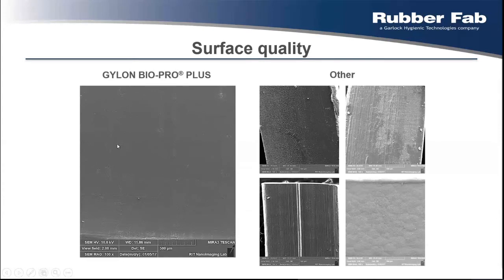We can see that the material, because of its unique manufacturing process, is very, very smooth. It's very smooth, but not only that, it's also very dense. It has a very high density with a very low level of pores, a high smoothness, and these properties create an efficient barrier for microorganisms and other molecules to adhere to the gasketing material.